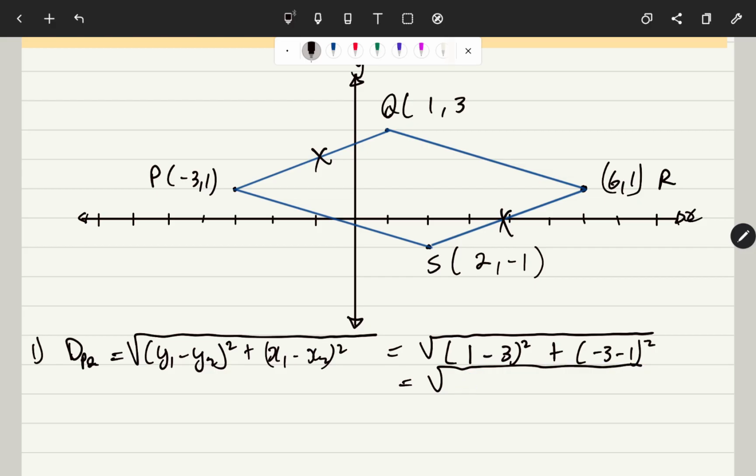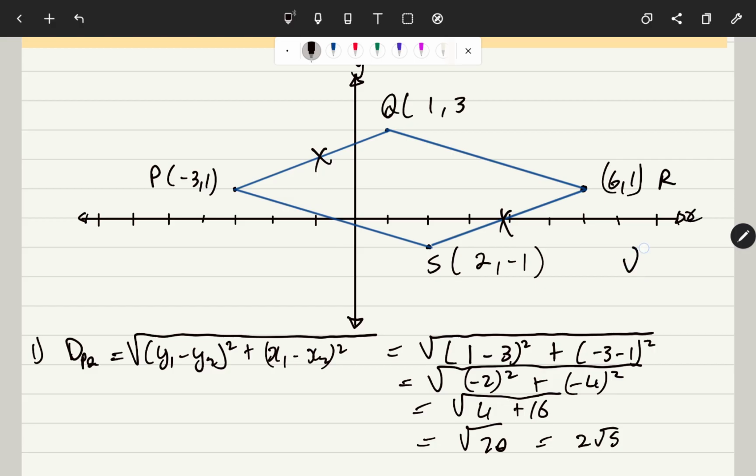So that's going to be -2 squared, plus -4 squared, that's square root of 4 plus 16. So this is just square root of 20, which is 2 root 5, right?